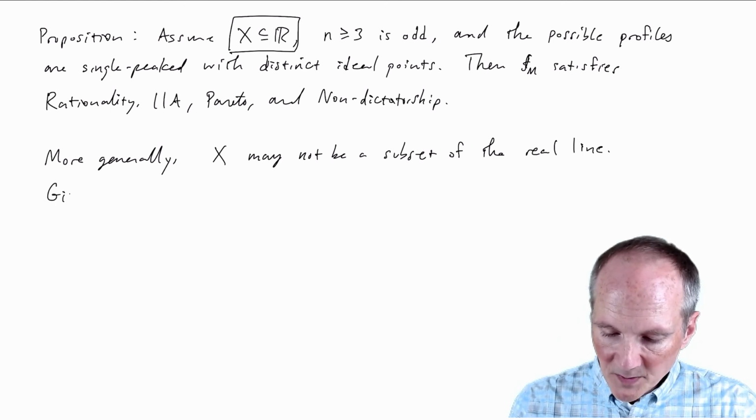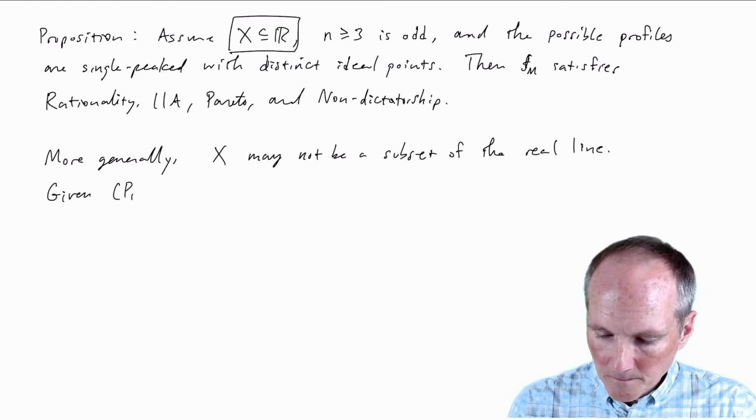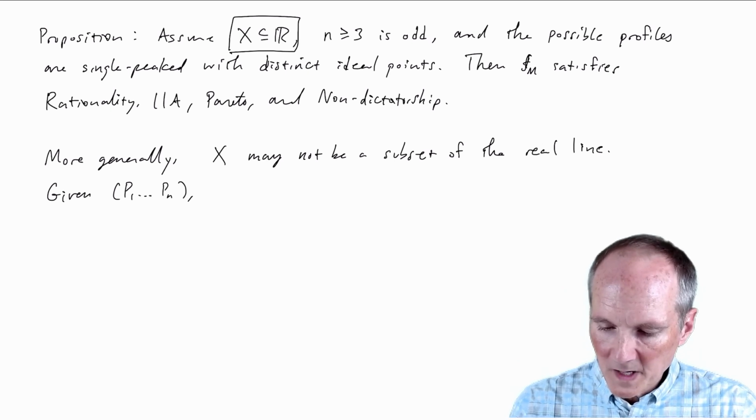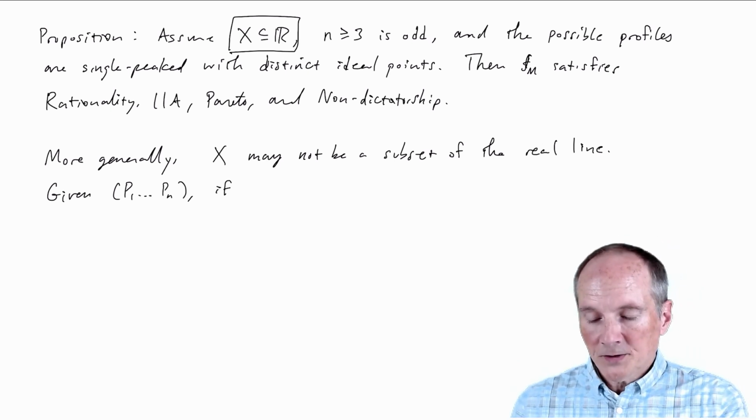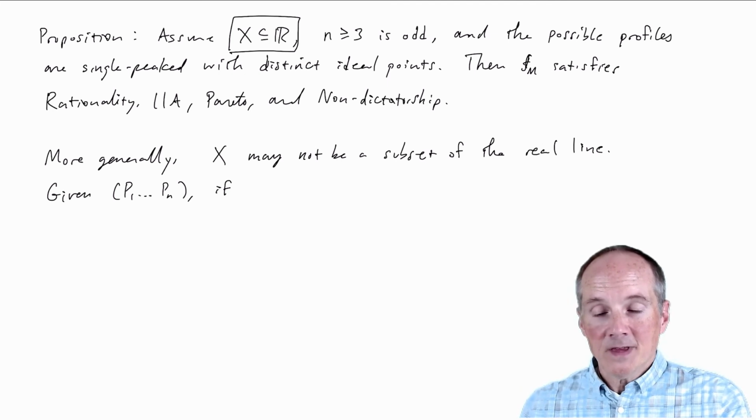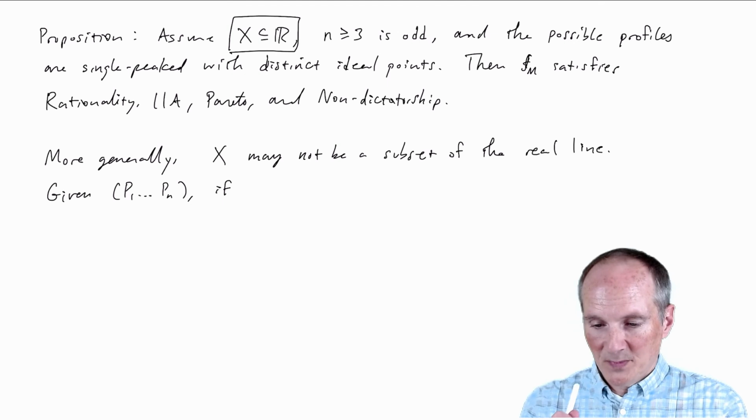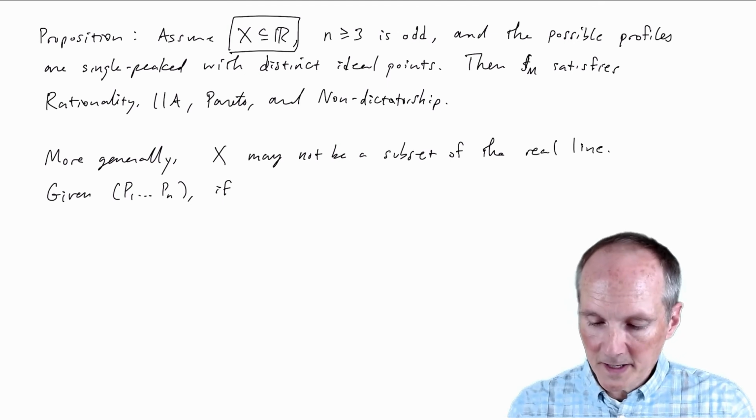So suppose we're given a profile. If the alternatives can be placed on the real line, now they might not literally be numbers, but suppose we just take these candidates and we put them on a line in some order, right?